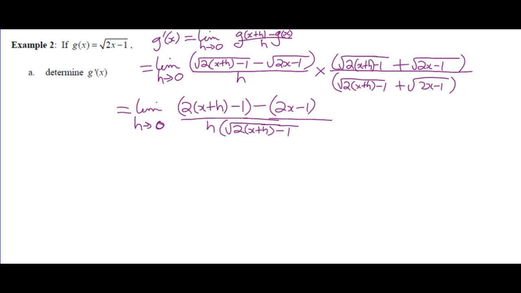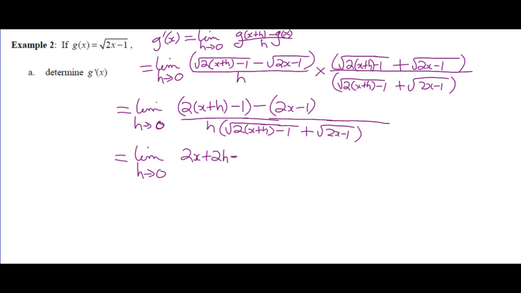Yeah, it couldn't have been that easy, right? Plus. Okay, there we go. All right, so what do we got up top here? We got the limit as h approaches 0 of 2x plus 2h minus 2, oh, sorry, minus 1.